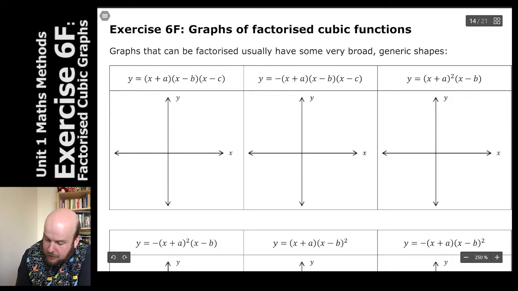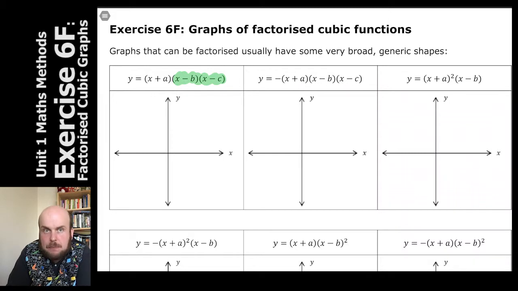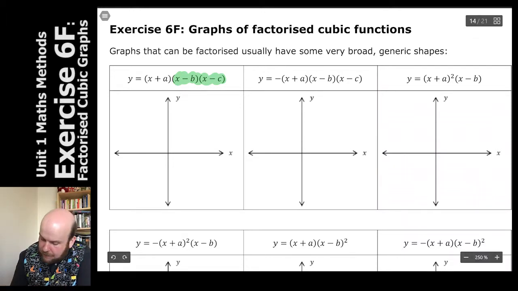For the purposes of this example, I'm assuming that if it's got a minus c or a minus b, that's on the right side, because that's normally the positive ones. You might remember from your quadratics. So if I've got this x plus a, that's going to be on the negative side.